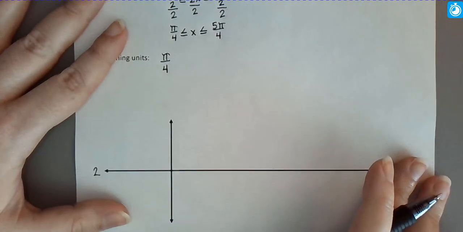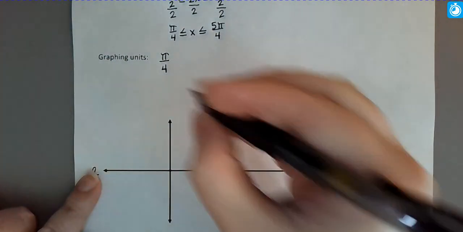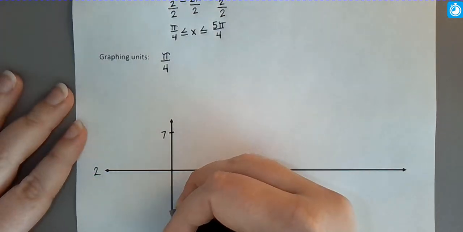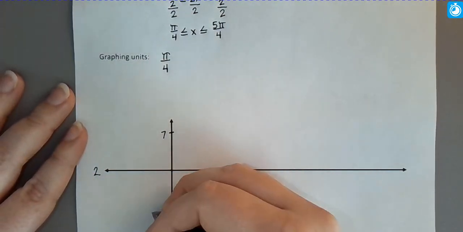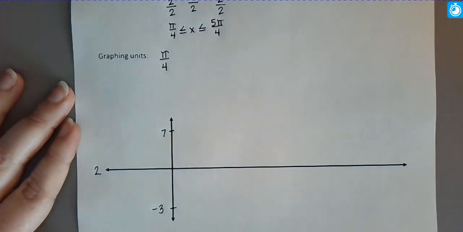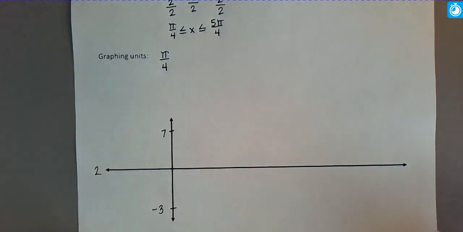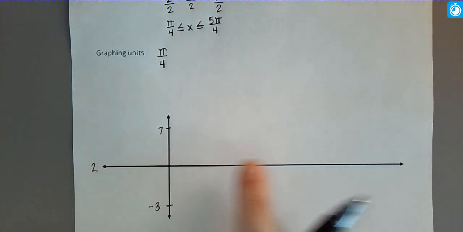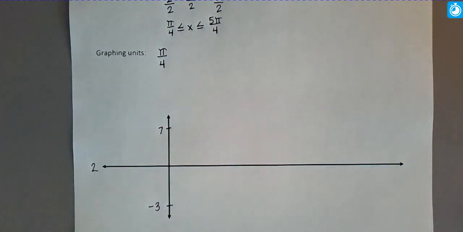Starting at a new center of 2, we go up 5 units, which takes us up to 7, and we go down 5 units, which takes us down to -3. It's important to keep in mind once we've started labeling that even though this looks like the y-axis and the x-axis, they may not actually represent those at this point. The x-axis falls at y equals 0.